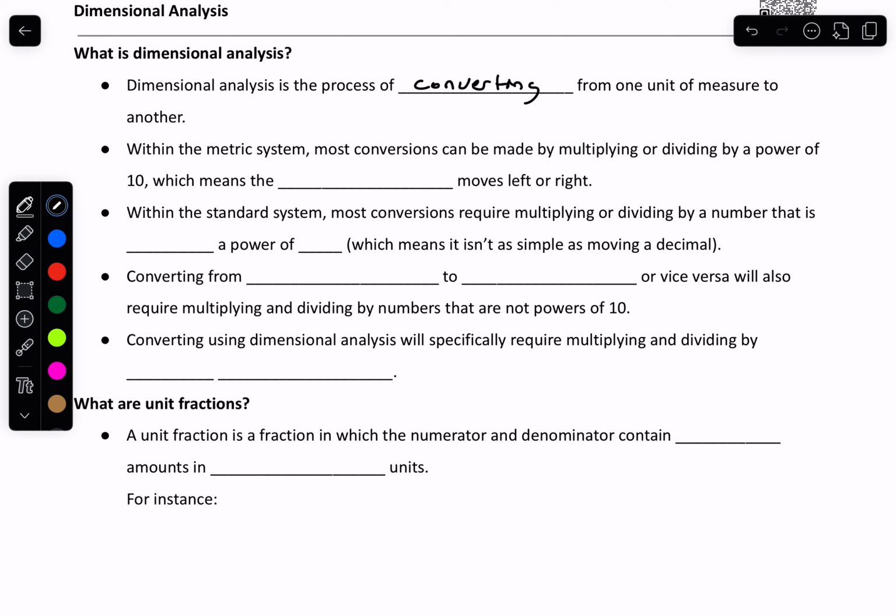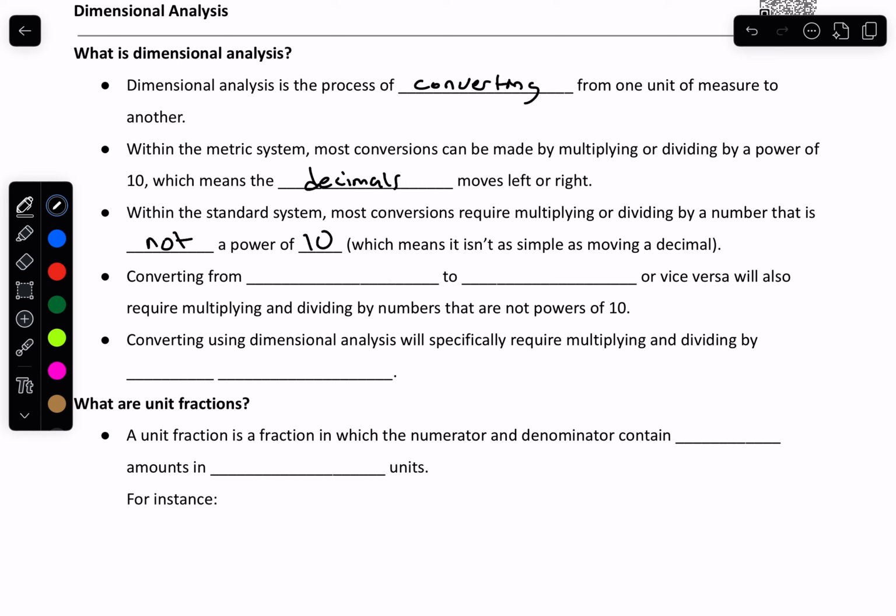So within the metric system, most conversions can be made by multiplying or dividing by a power of 10, which means the decimal moves to the left or the right. But within the standard system, most conversions require multiplying or dividing by a number that is, well, not a power of 10.